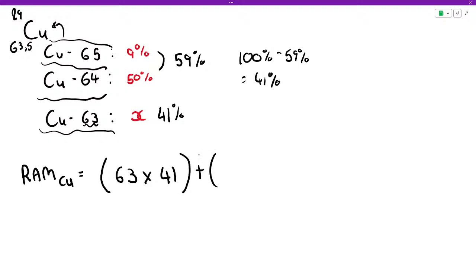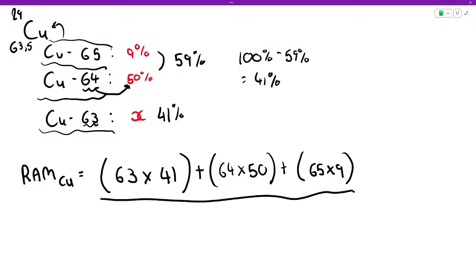Plus 64 times 50. You're always going to take the isotope number times the percentage abundance, and then you add them. Plus 65 times 9. And then you put it all over 100. Then when you put this in your calculator, you will get an answer.